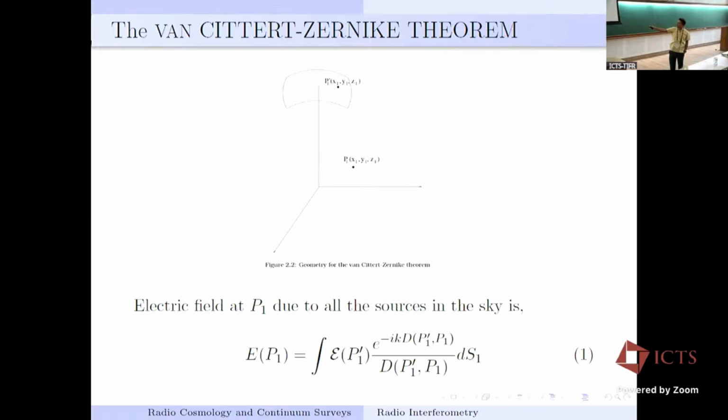Sorry, this is P1 prime, not P1. So I have a source of some electromagnetic radiation at P1 prime, and I am trying to measure the electric field coming from this point at some point, let's say on Earth, at point P1, which is x1, y1, z1.